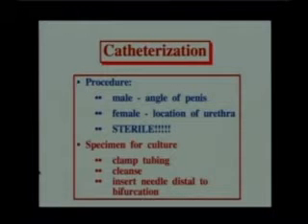If you need to get a specimen for culture and they have an indwelling urinary catheter, the first thing you need to do is clamp the tubing. And you might want to clamp the tubing down here so that it's really distal, so there's enough urine that's backed up so you've got some when you aspirate.